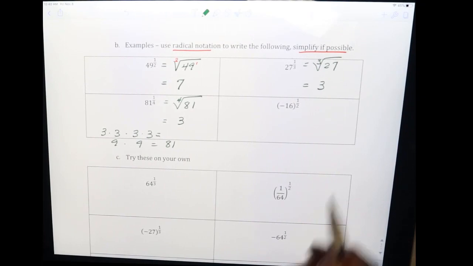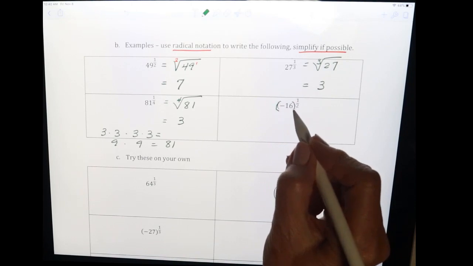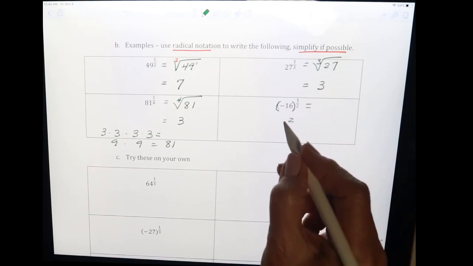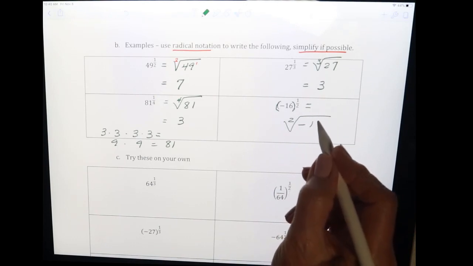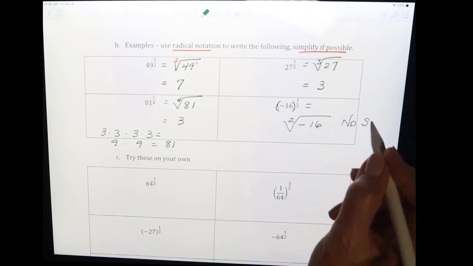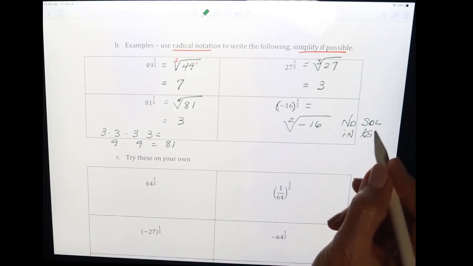And the last one here, notice that there's parentheses around this negative 16, so I'm trying to take the square root of a negative value, and for now we're going to say no solution in the set of real numbers.